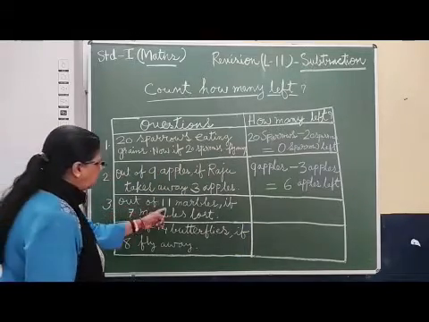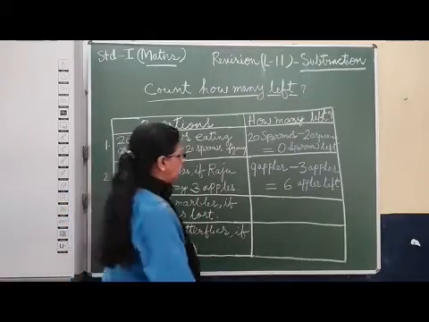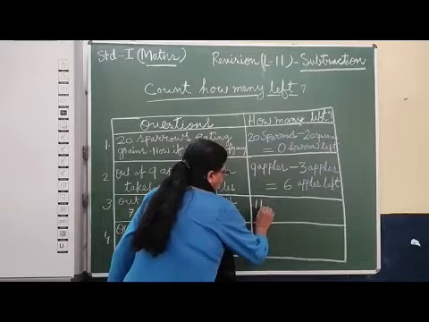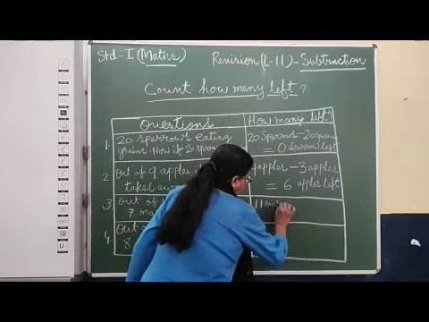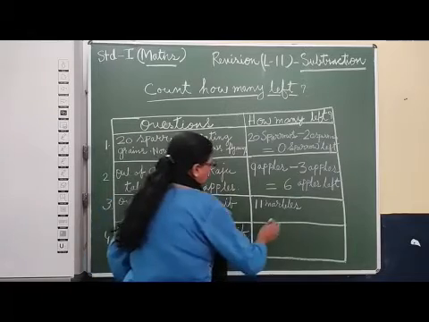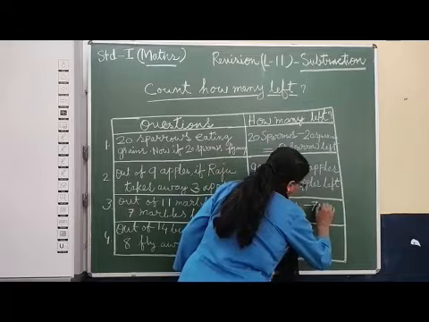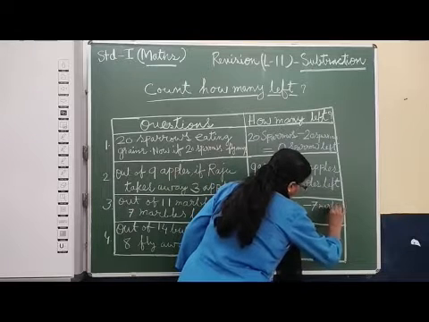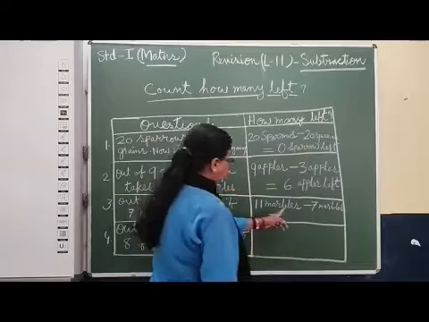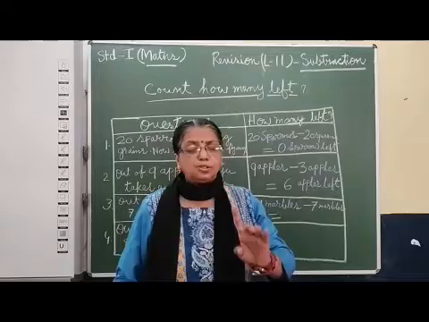Out of 11 marbles, if 7 marbles are lost. Again the same thing. How many total marbles? 11. How many lost? 7. Minus, lost means minus 7 marbles. Now how many left? After 7 you have to count up to 11.